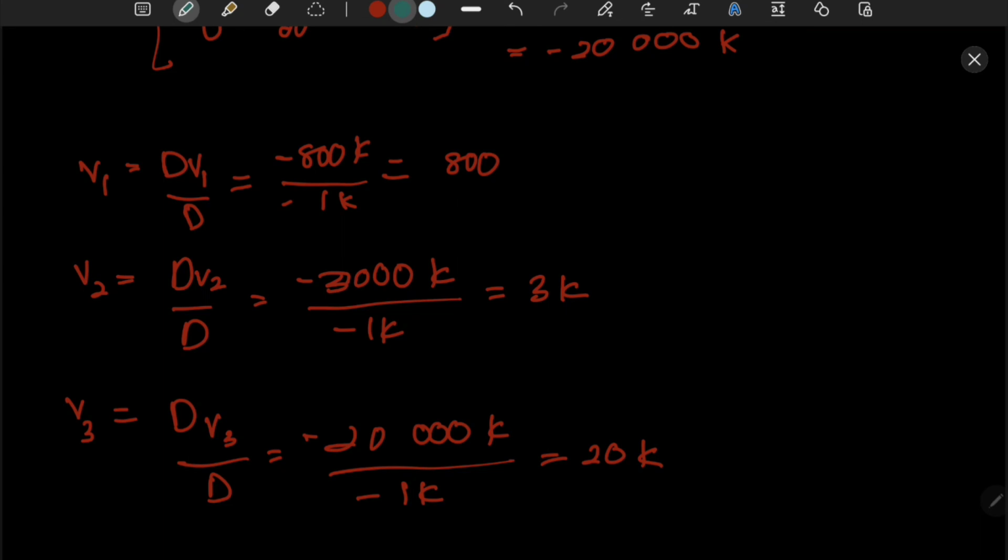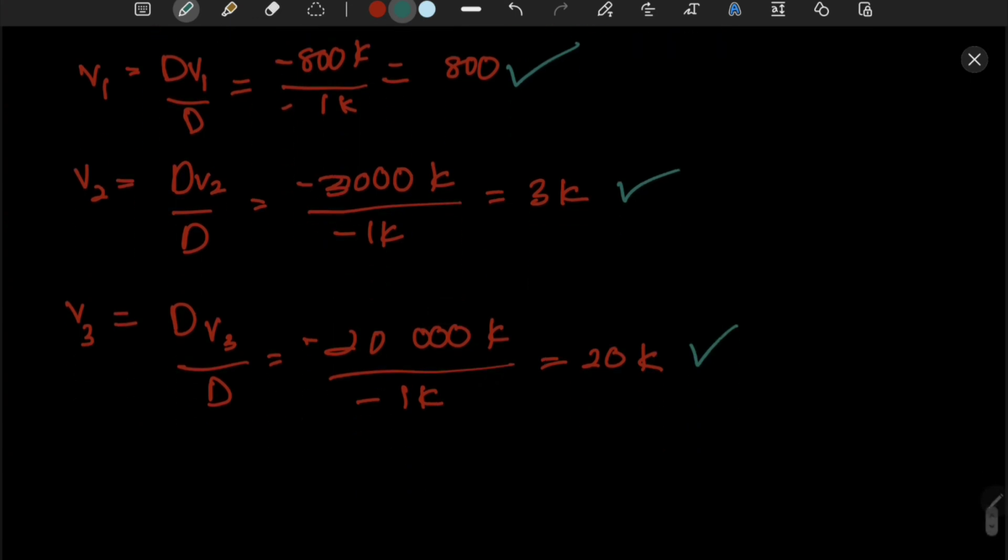To calculate V1, we divide negative 800,000 by negative 1K, and we got 800 for V1. Then for V2, dV2 divided by the determinant, we got 3K, and for V3, we divide 20,000K by 1K, we got 20K.